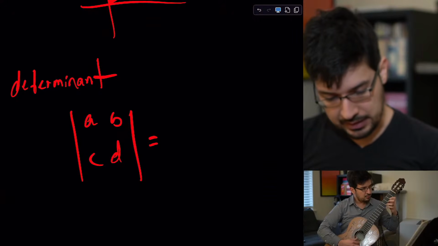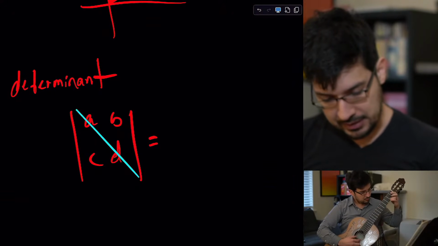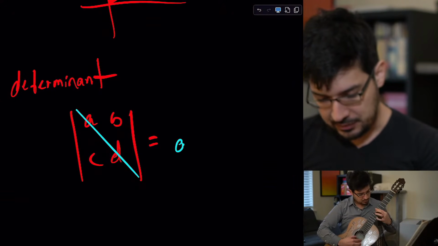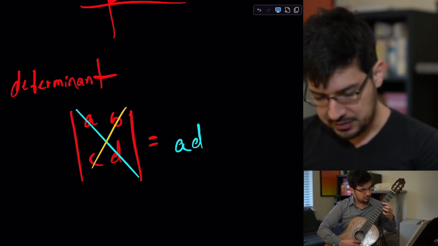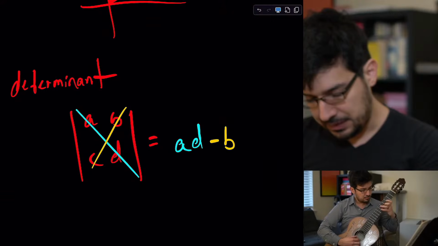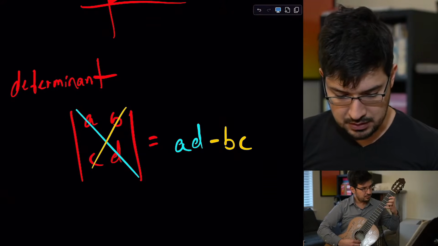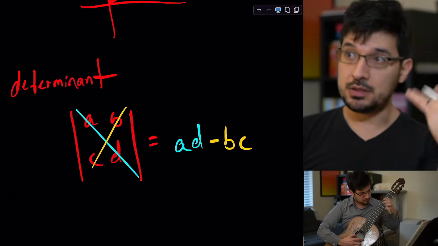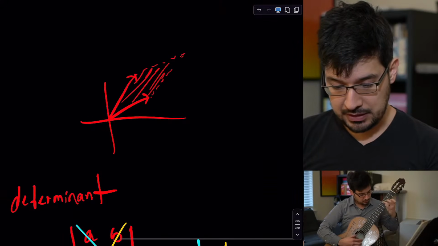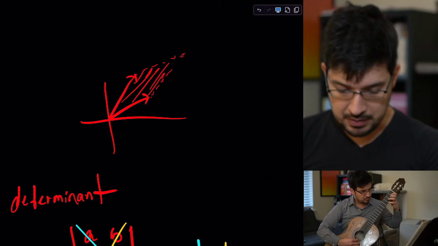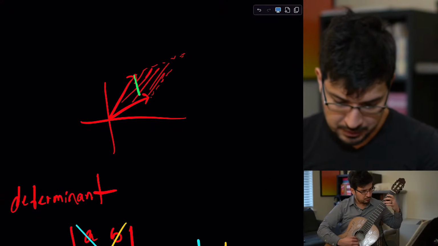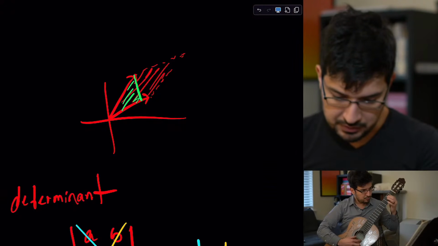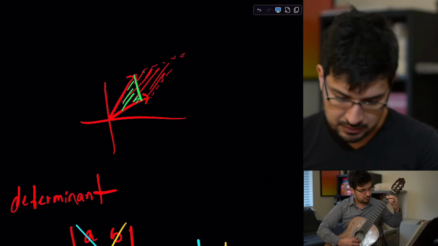But we calculate it, and I remember it as this forward diagonal AD minus this reverse diagonal BC. So you can use geometry to show that this is true. Using this parallelogram, you can slice this up into right triangles here, and my parallelogram's really funny looking.